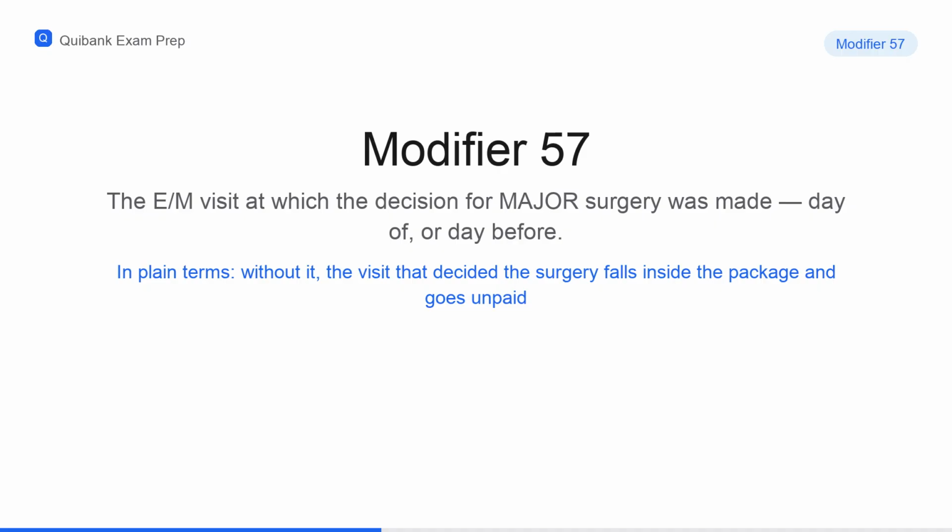Second modifier. Modifier 57 marks the evaluation and management visit at which the decision to perform major surgery was made, reported on the day of or the day before that surgery. Remember that 92-day window? Without this modifier, the visit that decided the surgery would fall inside the package and go unpaid. 57 is what pulls it back out.